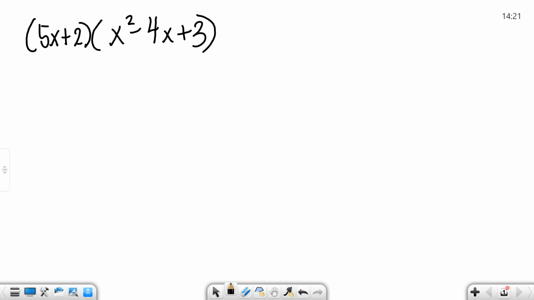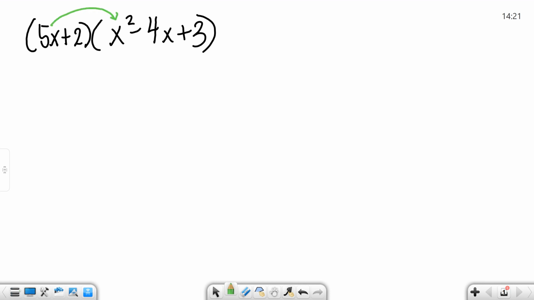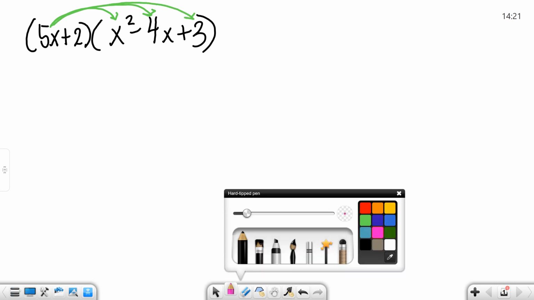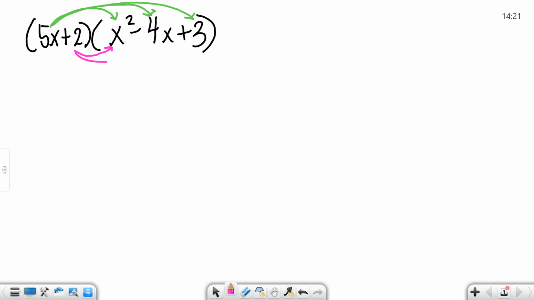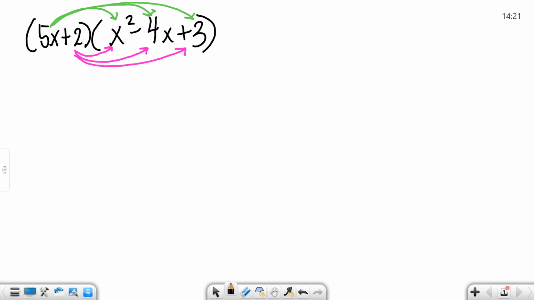Now that one is a trinomial. It's got 3 terms. I'm going to pull out my colors again. I'm going to multiply 5x by all 3 of these terms. When I'm done doing that, then I'll multiply the 2 times all 3 of these terms. So this is going to stretch pretty much across the entire whiteboard that I'm writing on.